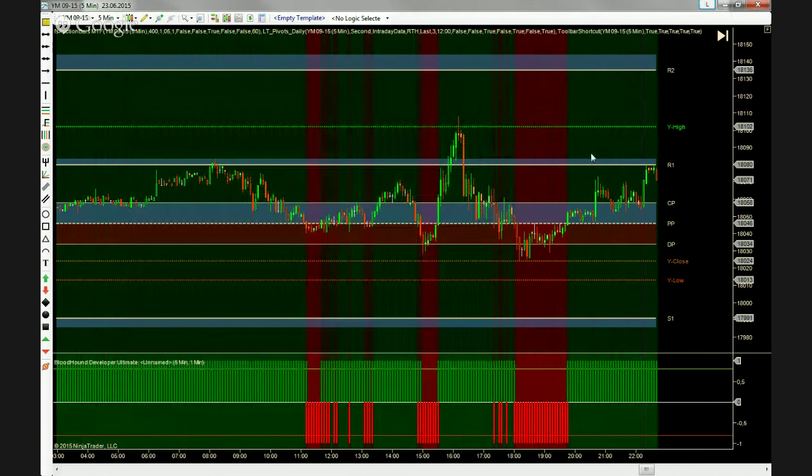and see what happened. We have a short indication when the price is below the pivot, and we have a green indication when the price is above the pivot. So not exactly what we're looking for, because we want to isolate the price action that's in this area.